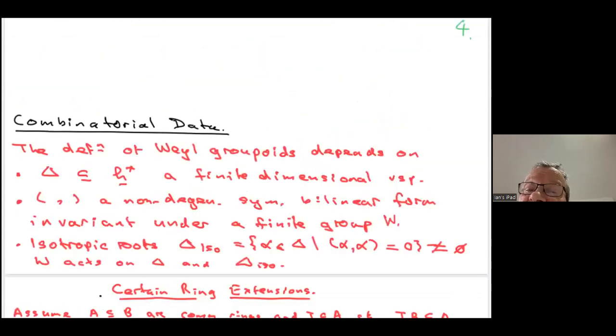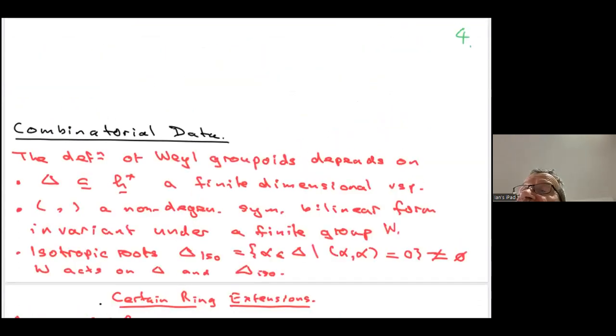And you don't need to know much about these superalgebras to understand this talk, because everything is defined in terms of some combinatorial data. So you have Delta, a finite subset of H*. H* is a finite dimensional vector space, and Delta is called the set of roots.